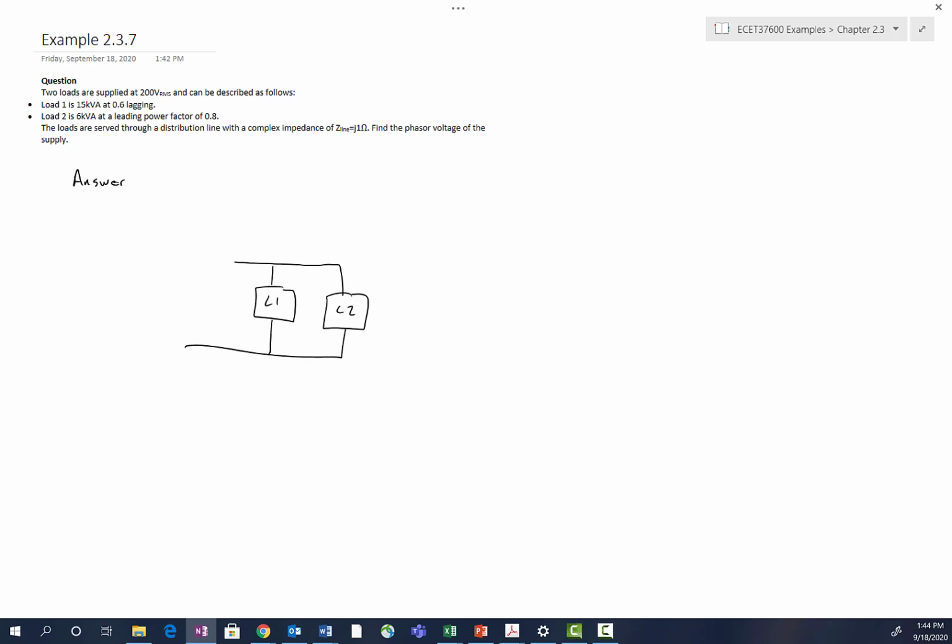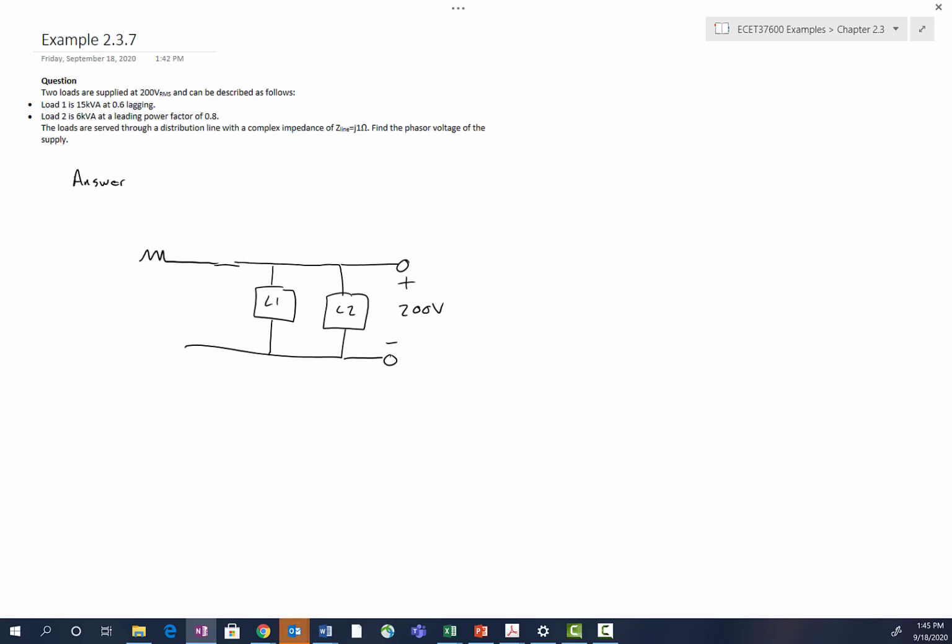So we've got those parallel loads, and we were told that they are supplied at 200 volts RMS. That means if we were to measure the parallel voltage across the loads, we're going to get 200 volts, right? We were told they are served through a distribution line with a complex impedance of j1.